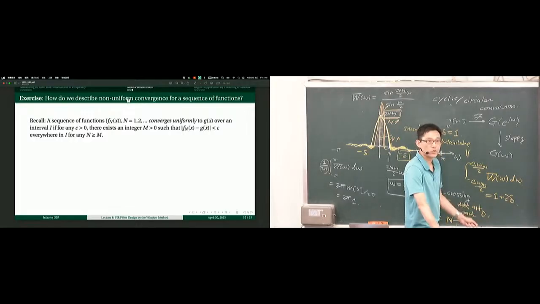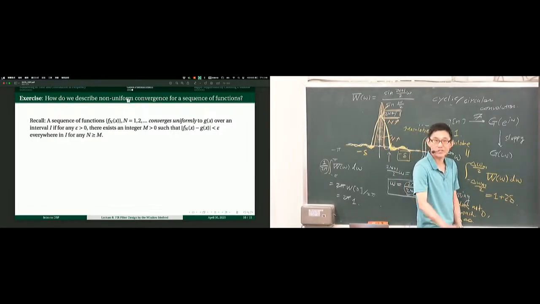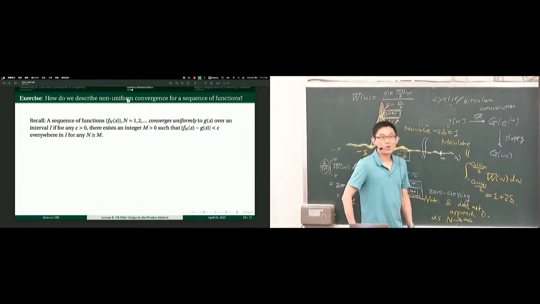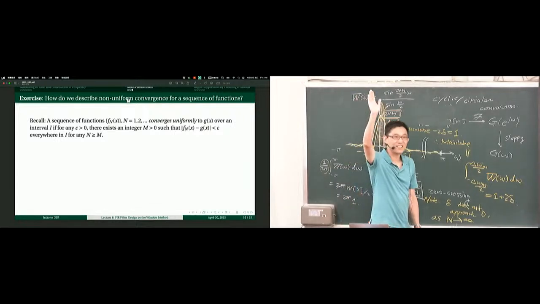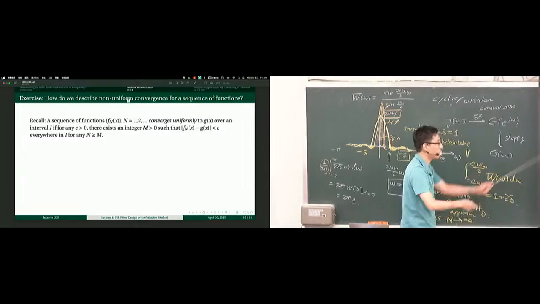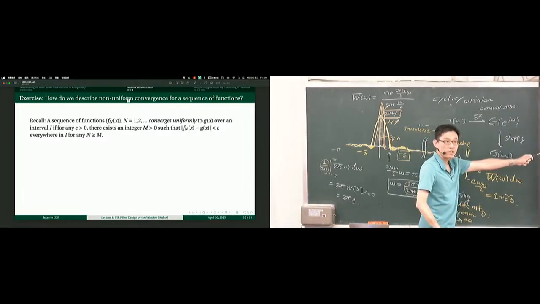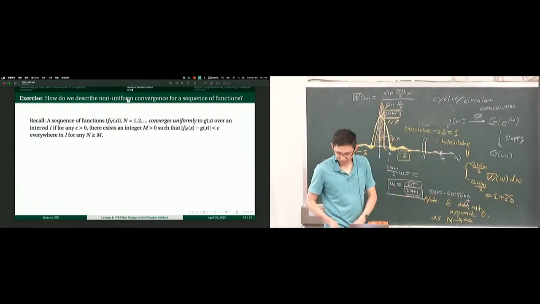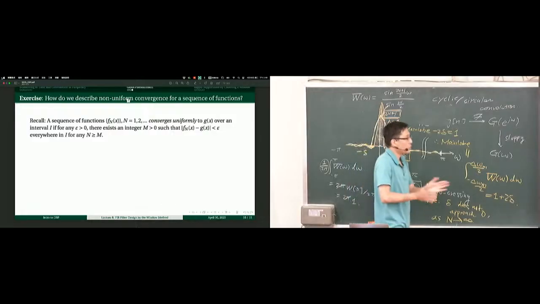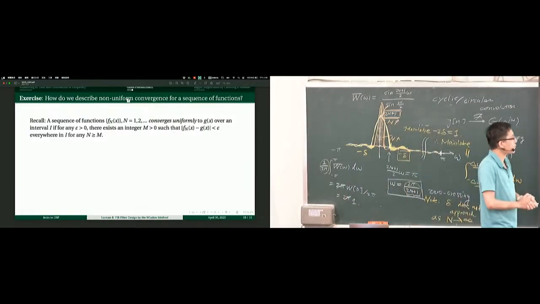So now can I invite you to think about what the definition for non-uniform convergence is? What's the opposite? What's the definition of a sequence of functions which converges but not uniformly to G? Anybody? How do you describe it mathematically in this kind of language? Let's take 2 minutes. 2分钟想一下啊。How would you describe non-uniform convergence?